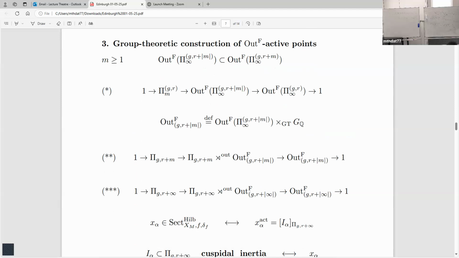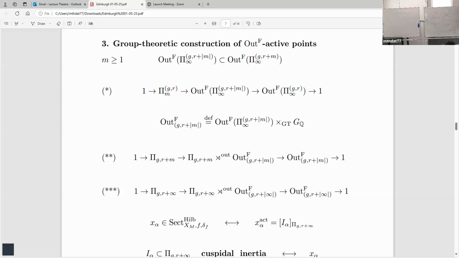And if you start removing them, instead of pi_{g,r}, you will be working with pi_{g,r+m}, where you delete m points, and ultimately you work with pi_{g,r+infinity}, right? And so the tripod labeling that I discussed will be related to the labeling here, m or infinity, right?